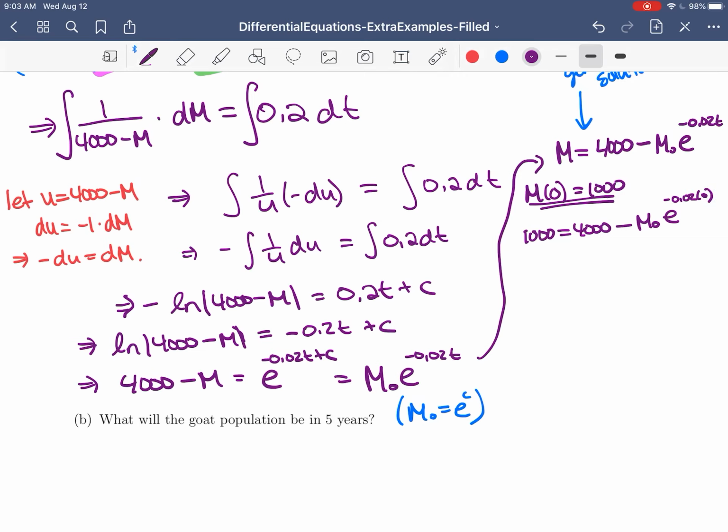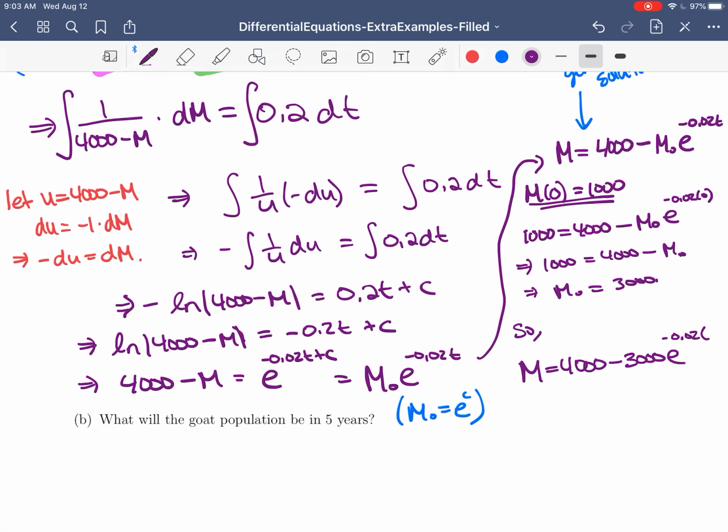So that's e to the 0, that's a 1. That means that 1,000 is equal to 4,000 minus m0, which means that m0 has to be 3,000. So our particular solution is m equals 4,000 minus 3,000 e to the negative 0.2 t.